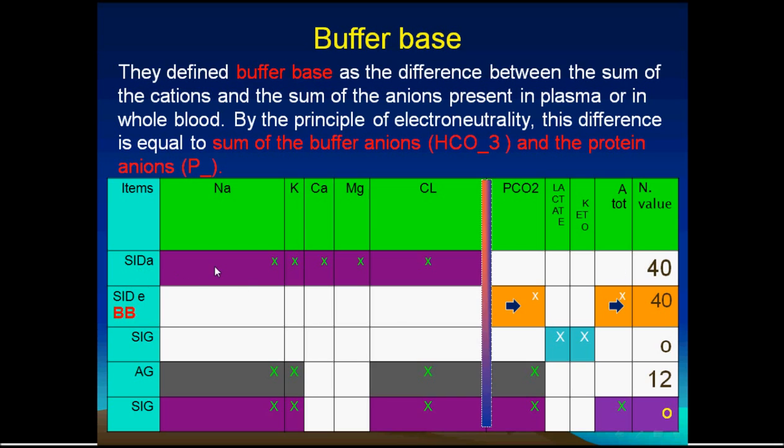The strong ion difference is the difference between sodium and chloride, and this difference, as we've mentioned before, equals 40, and this 40 is the buffer base. So the buffer base, or effective strong ion difference, equals bicarbonate plus the total weak acids. This is 40 mEq.